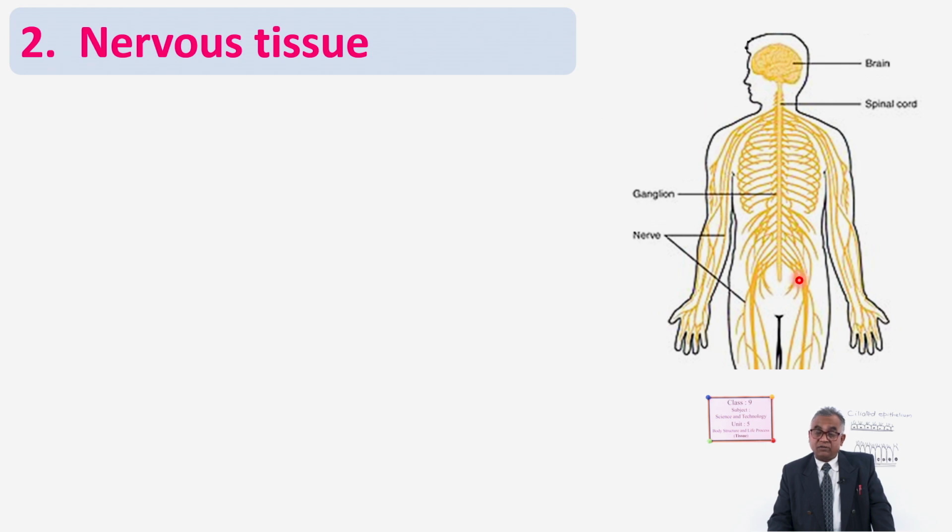Nervous tissue and nervous system are different things. Yes, as you know, tissue and system, the difference is already told. So, look here: brain, spinal cord and nerves, and here the ganglion is also given. Ganglion and nerves are parts other than the brain and spinal cord.